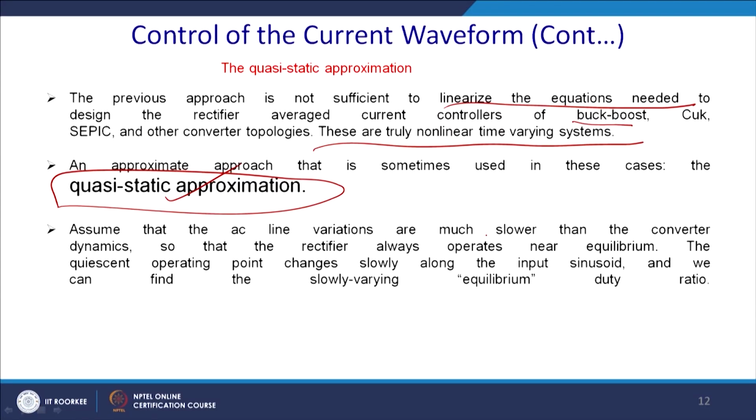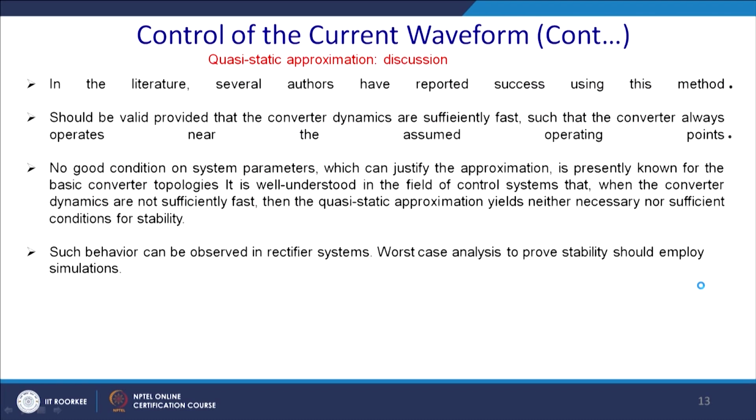and we can find the slowly varying equilibrium duty ratio. That is the whole point, because this phenomenon is 10 milliseconds, and your switching frequency is 10 kilohertz, which is 100 microseconds. So, it is 10 to the power minus 3 times of it.